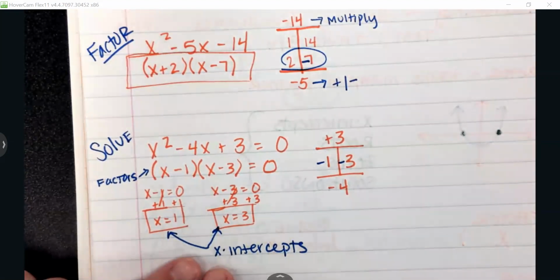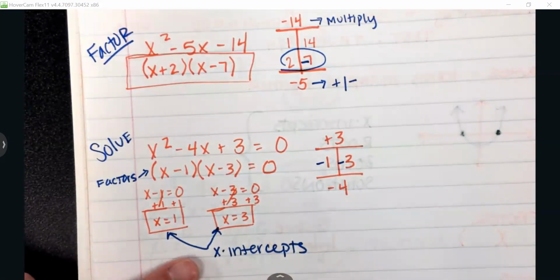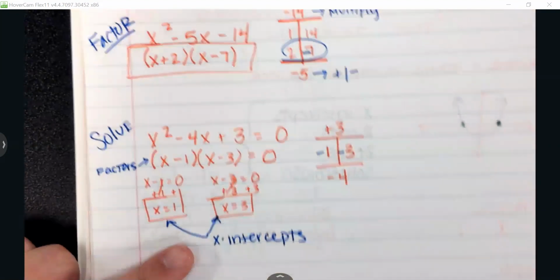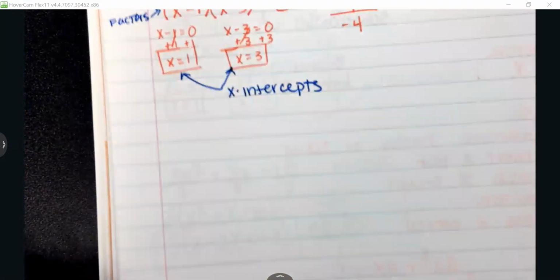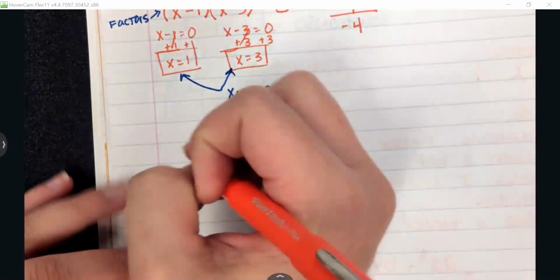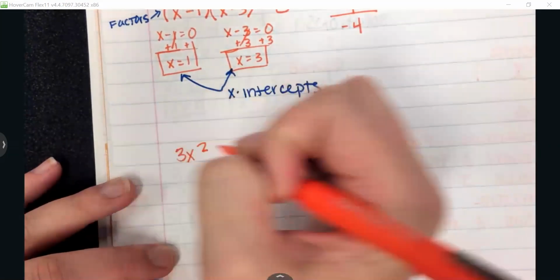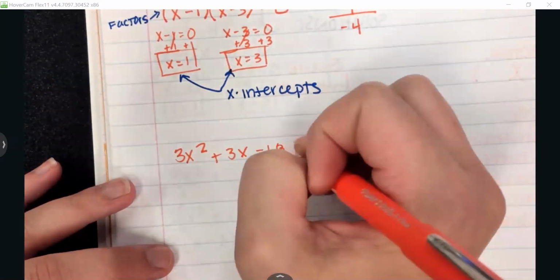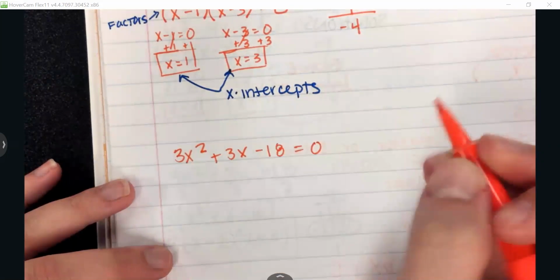That's what we're figuring out. Where are my x-intercepts? We ready to keep going? We're going to keep practicing some. All right, ready? 3x squared plus 3x minus 18 equals 0.